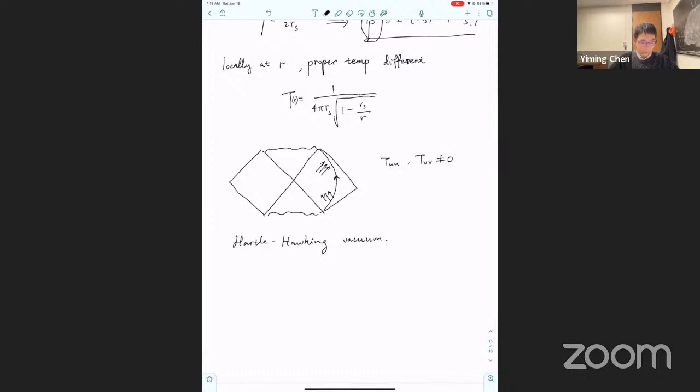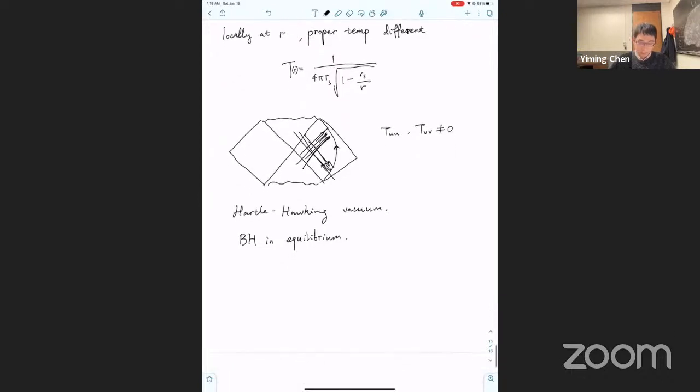And the crucial property is that this vacuum describes a black hole in equilibrium. The reason that it can be in equilibrium is because there is an incoming flux that is feeding the black hole, and the black hole is also evaporating radiation outwards at the same time. And the two effects balance out.